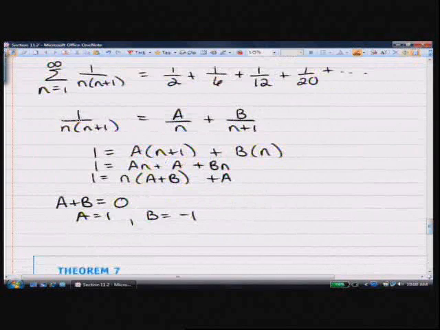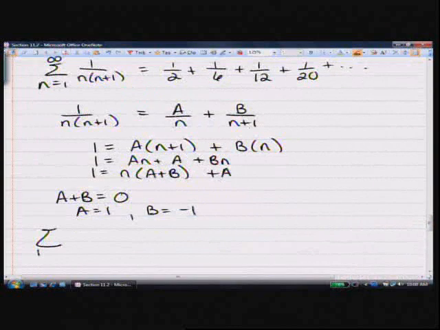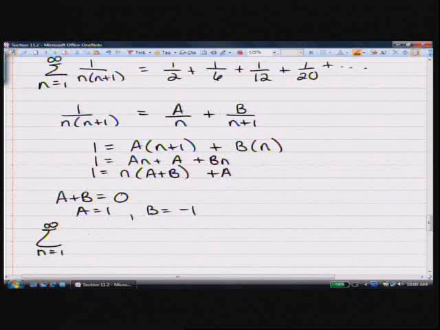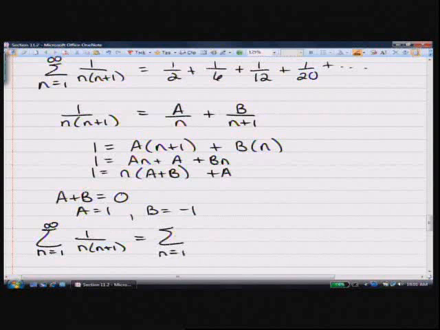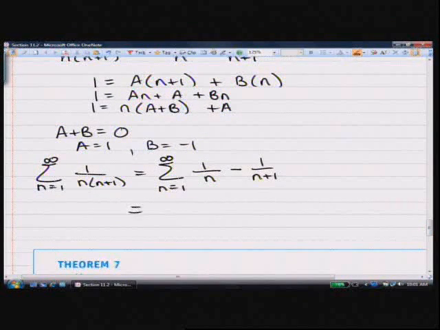So we can write this series, the sum as n goes from 1 to infinity of 1 over n times n plus 1, as the sum as n goes from 1 to infinity of 1 over n minus 1 over n plus 1, right? Now, the beauty of thinking of it in this way is you'll see when you start writing the terms out.